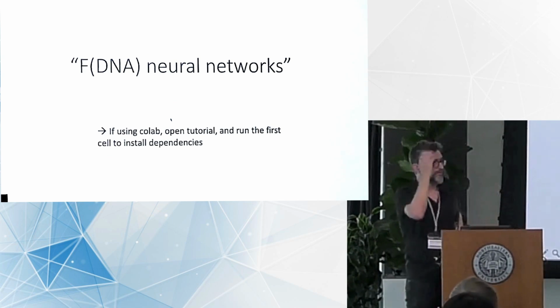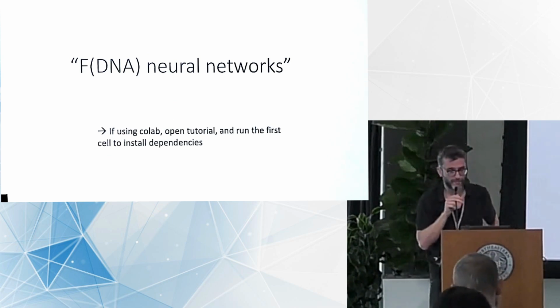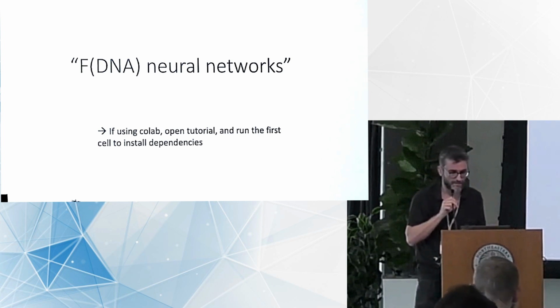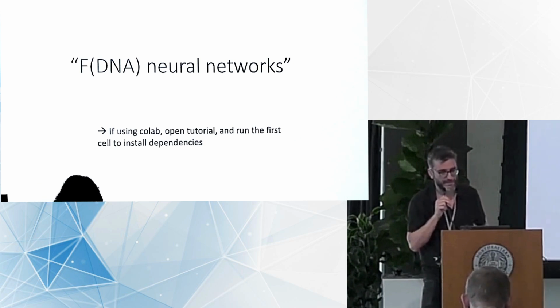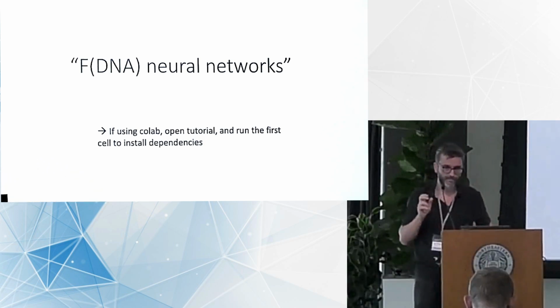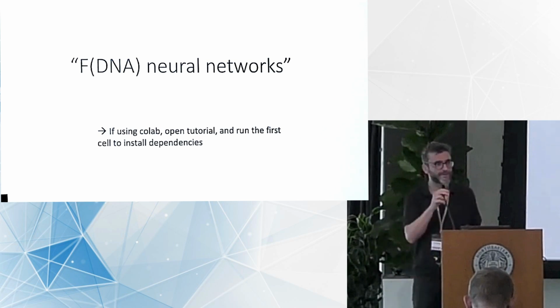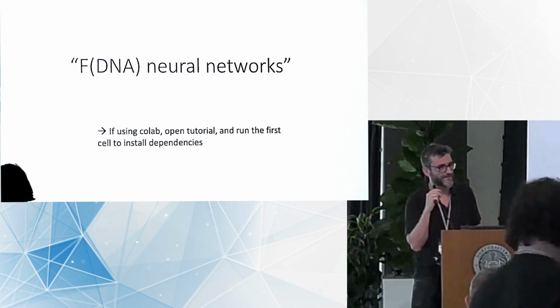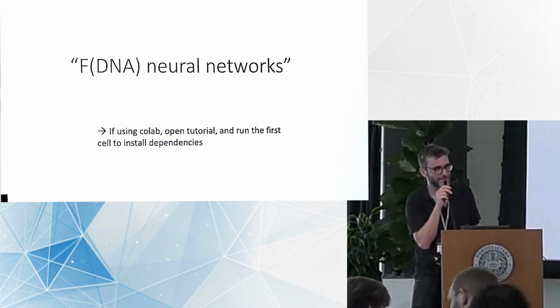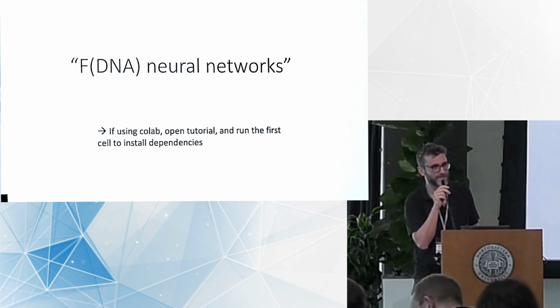If you are planning to use the Colab for the tutorial portion of this workshop, please open the Colab and run the first cell to install the dependencies, because it takes about 7 minutes. The first cell has to be finished before running the second cell, which will take another few minutes.